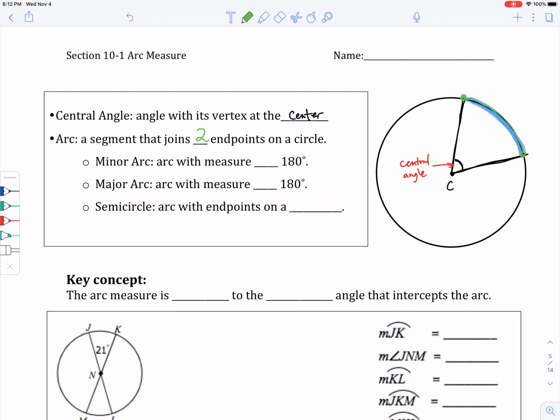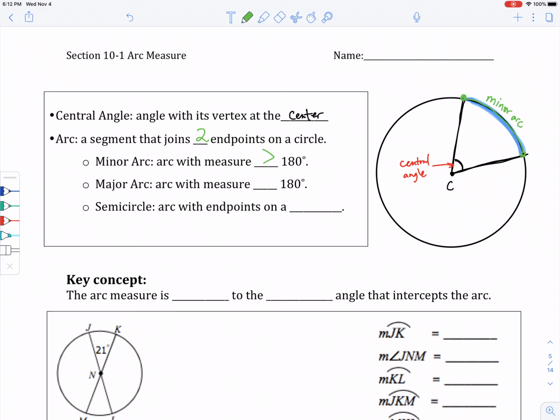If the arc is less than 180 degrees, it's going to be called a minor arc. Okay, so here we have a minor arc. If you don't know if it's above or below 180 degrees, well, a full circle is 360. So if I am anywhere less than half of the circle, then we know it's going to be a minor arc.